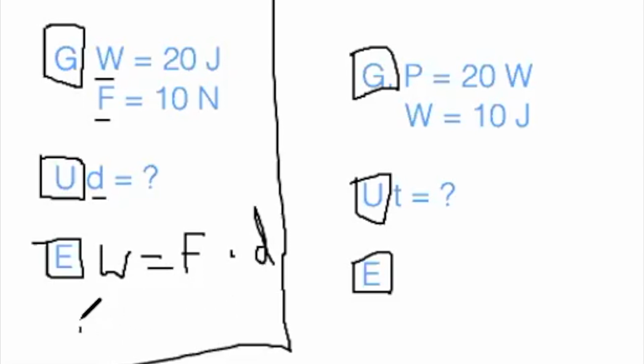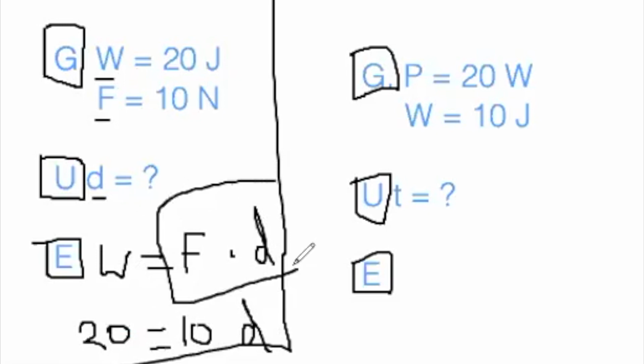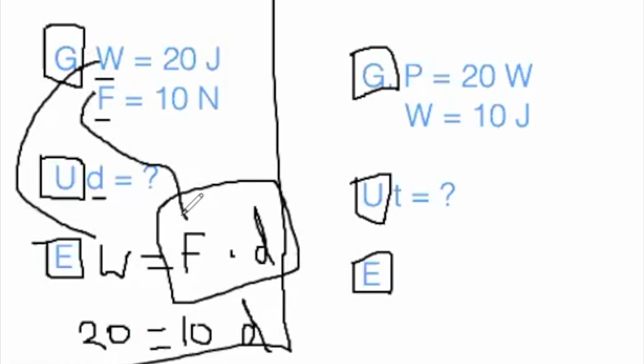So then I'm going to plug in the numbers. So work is 20, force is 10, and the distance is missing. And now I can do algebra to solve for that. Okay. Some of you are plugging in the numbers because you're used to just plugging in numbers here. You've got to follow what the variable is: work, force, and then distance.